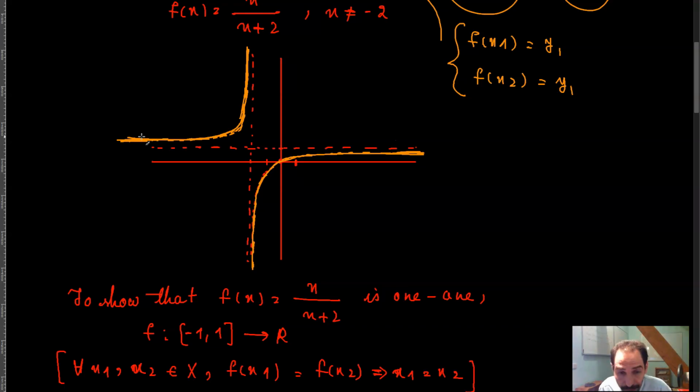But the function is not onto, because as you can see, for example, there is this output here, y is equal to 1, which is not the image of any element in the domain of the function, and as a result you have this horizontal asymptote here.